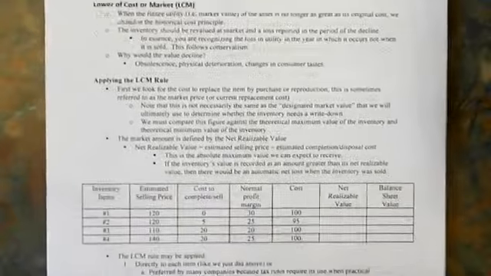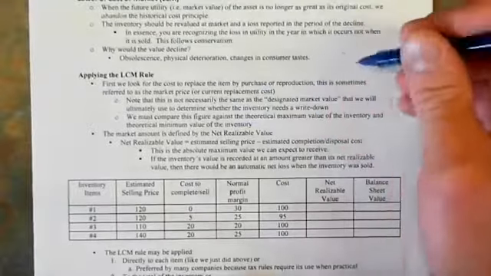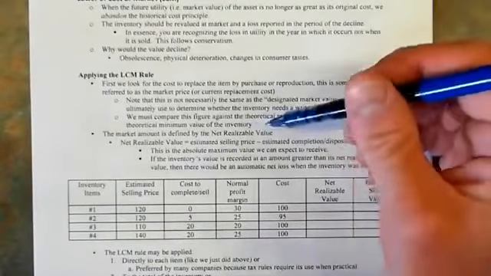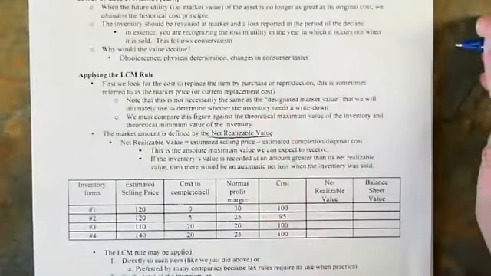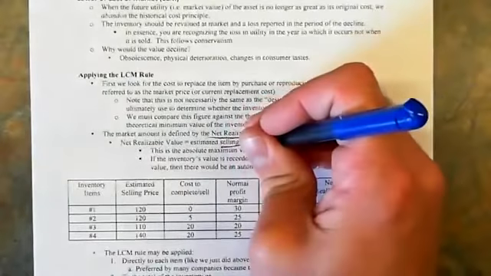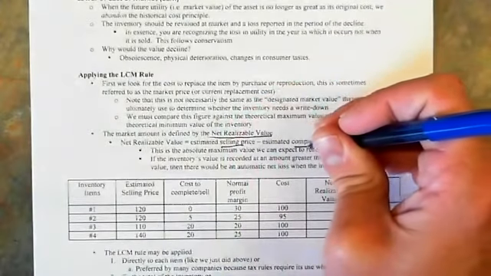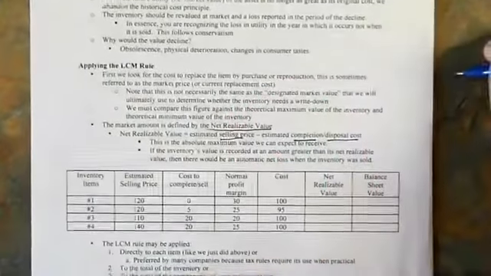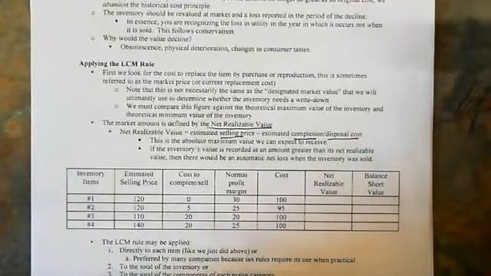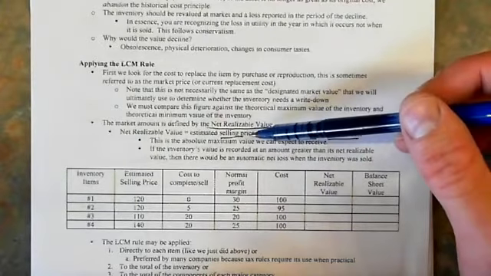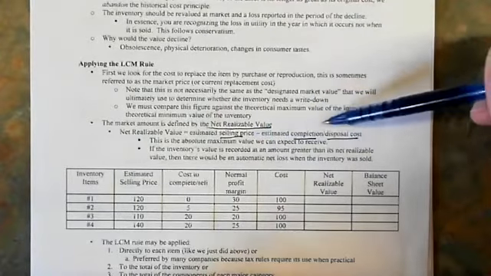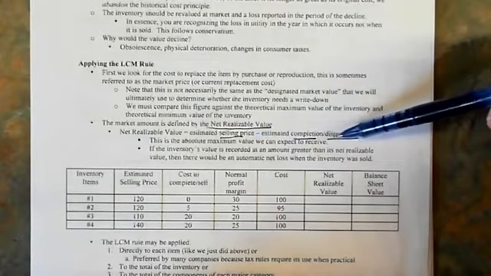The real measure of the inventory that we're going to look at is the net realizable value. And the net realizable value is determined by looking at the sale price and subtracting off the completion or disposal cost. This is the absolute maximum we can expect to receive for the inventory, because what we're talking about is the price that we're going to be selling it at, and then the cost it's going to take in order to sell it.